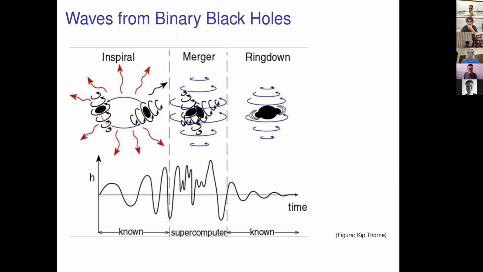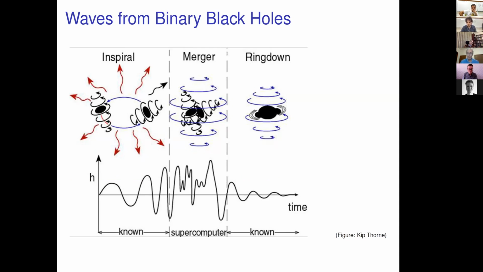Okay, so let me start with this famous picture from Kip Thorne, drawn long before we could actually solve Einstein's equations numerically for merging black holes. It shows the three divisions of the merger process: the in-spiral, where the waveform can be essentially predicted by post-Newtonian theory; the merger, where the post-Newtonian approximation breaks down and we need full numerical solutions of Einstein's equations.